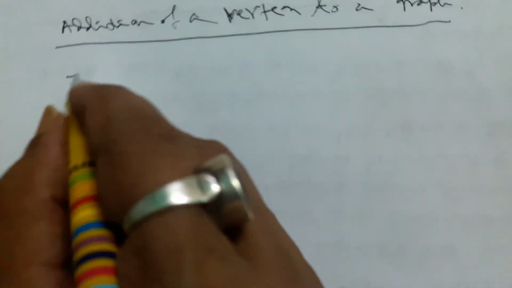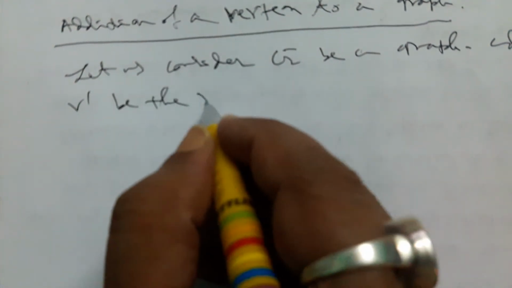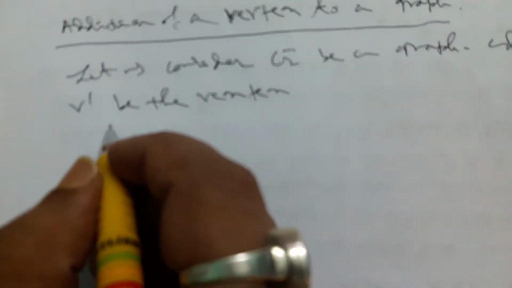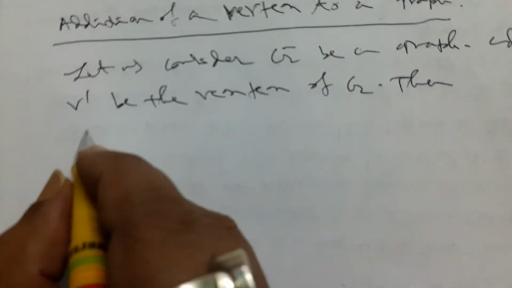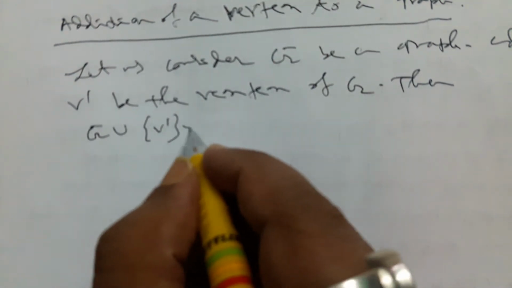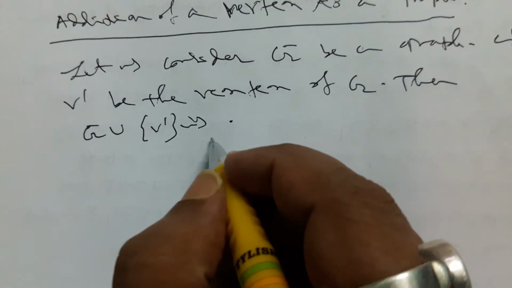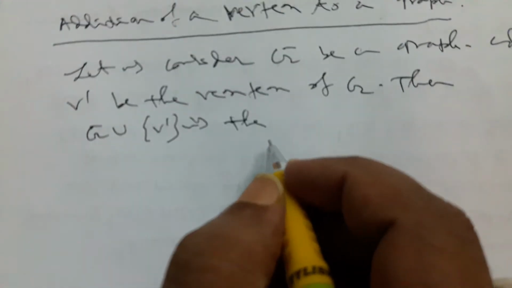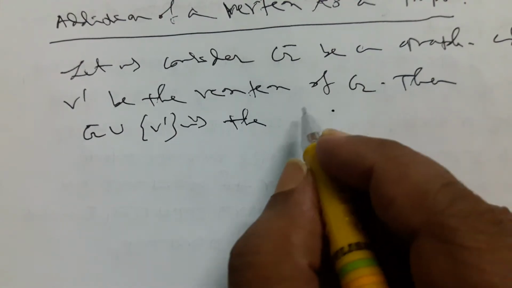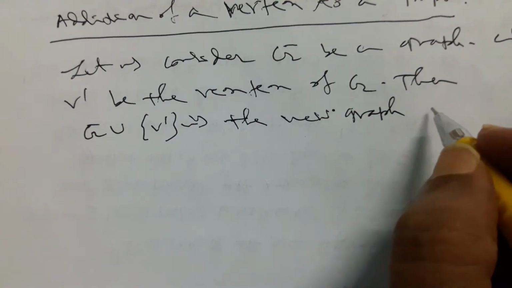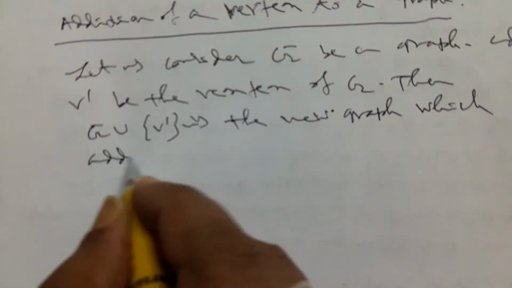Let G be the graph and V dash be a vertex of G. Then G union V dash is the new graph which is added to G.